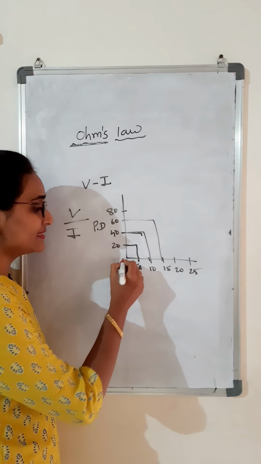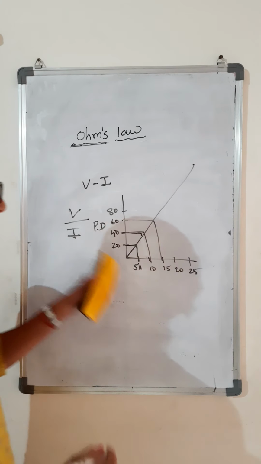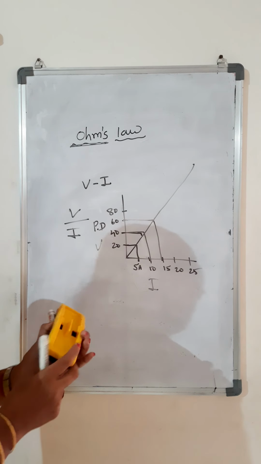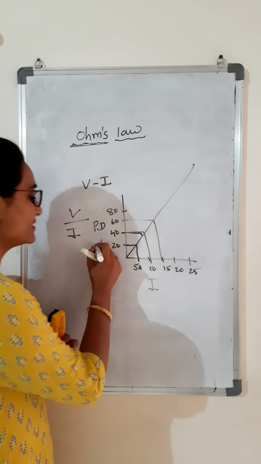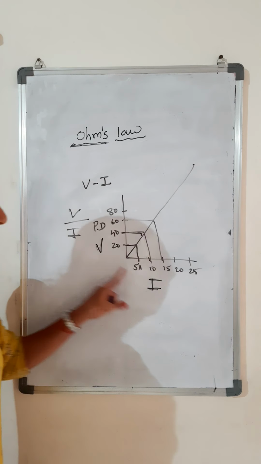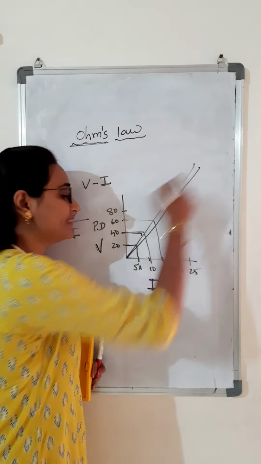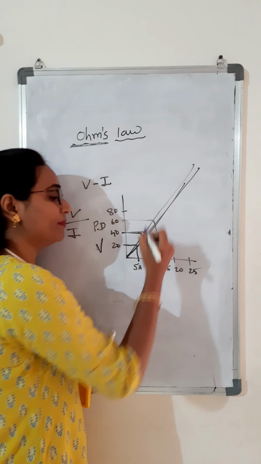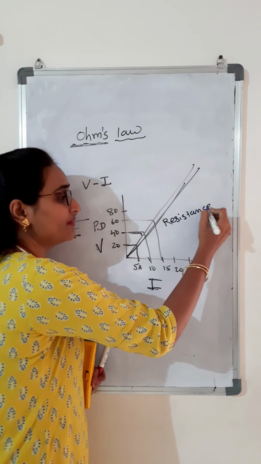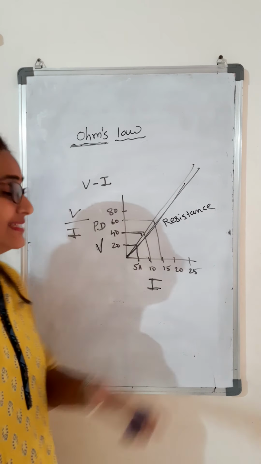If you see the line, a straight line is coming. In the VI graph, on the y-axis we are taking the potential difference V, and I is on the x-axis. So the VI graph is a straight line, and the slope of the VI graph gives us the resistance.